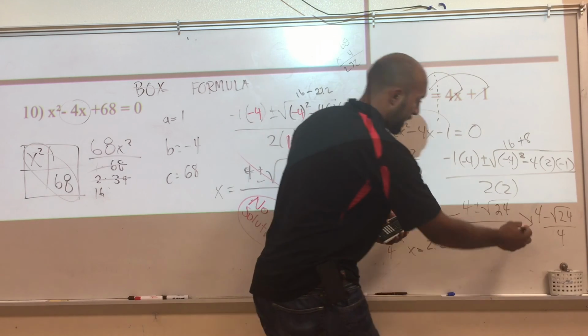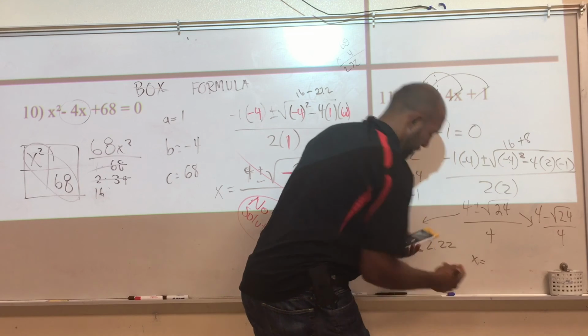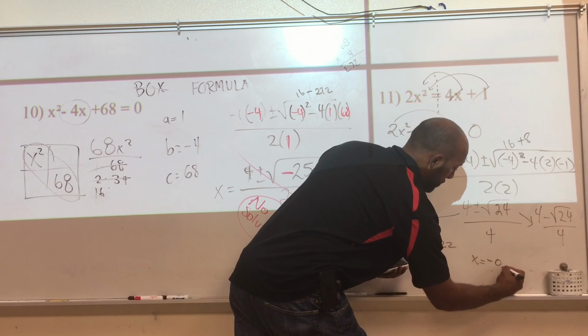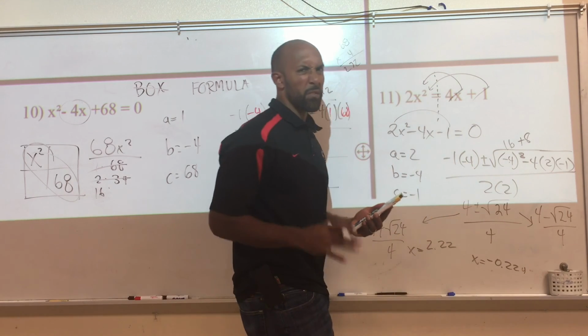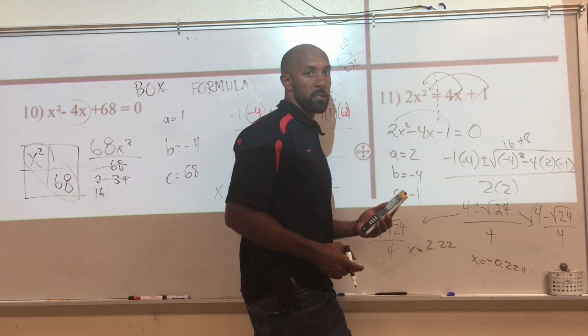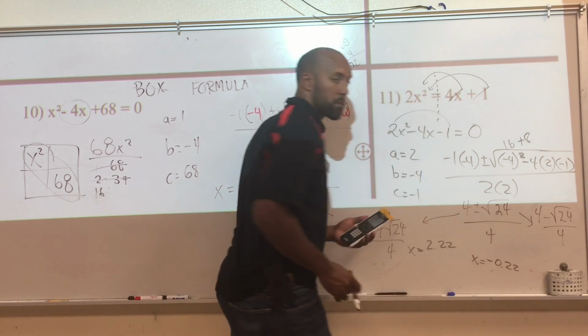Okay, then the second solution with the negative, I'm going to just write that here, was negative 0.224. It also had the 4. And often when you do these quadratics, you'll have the same last 3 or 4 digits after the decimal. Okay, again, the 4 doesn't change it, so it's negative 0.22.